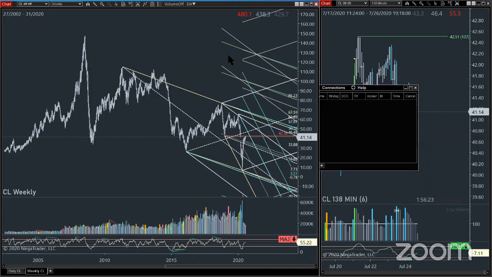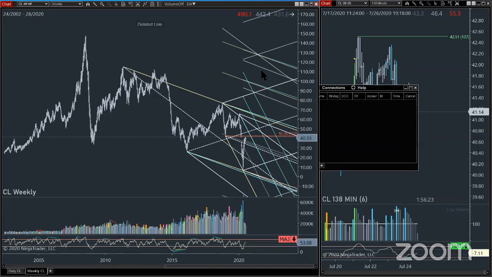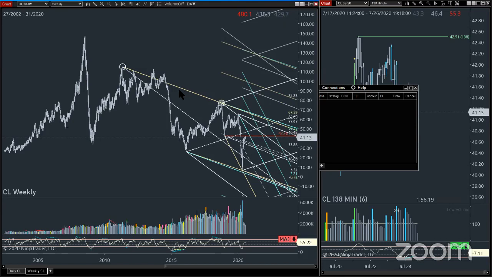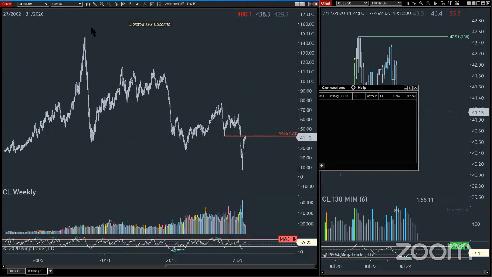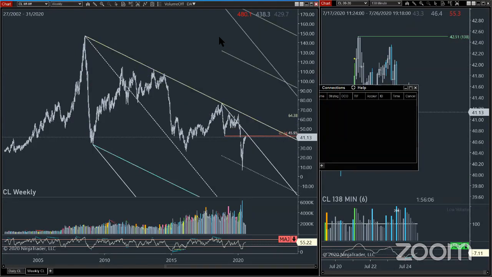Hotkeys are all jacked up. All right. That one's still pretty far away. None of this is all that useful currently. I'm just trying to figure out long term where the next major target might be for the swing high.